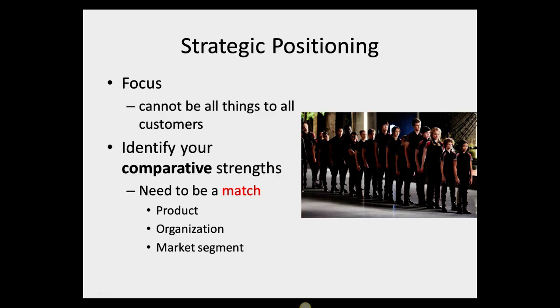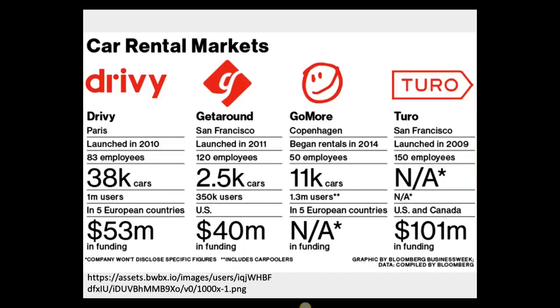So you have to focus on where you have comparative strengths. And there has to be some type of match between your product, organization, and market segment. So this is what takes really a lot of time when you're writing a business plan. Of course, you can write a business plan, but to make a business idea that would actually work, you have to think about how you're going to position yourself relative to the competition so you actually win.